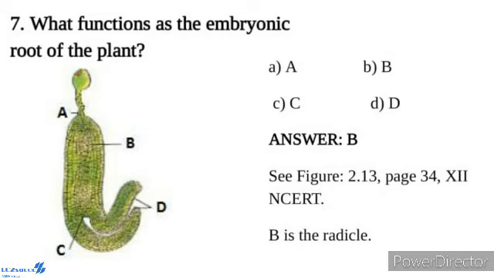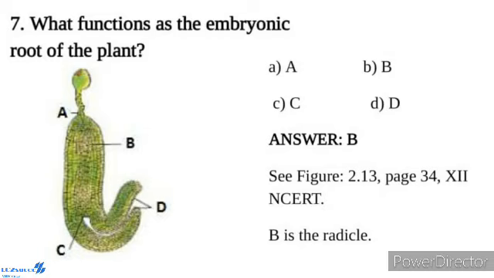The portion of the embryonal axis above the level of the cotyledons is the epicotyl, which terminates with the plumule or stem tip. The cylindrical portion below the level of the cotyledons is called the hypocotyl, and its lower end is the radicle or root tip. The root tip is covered with the root cap.